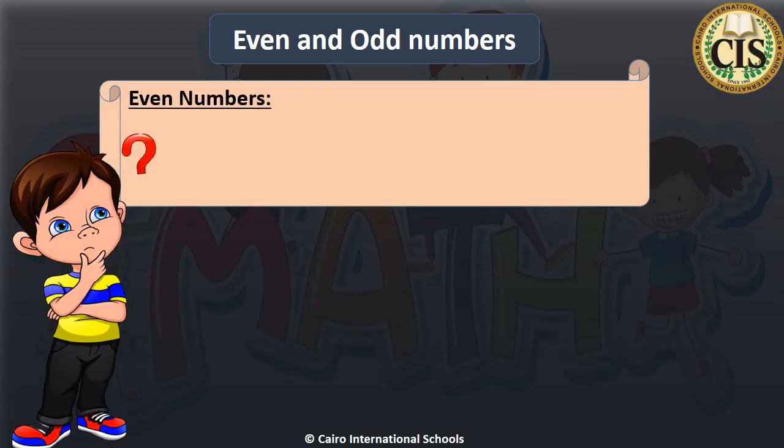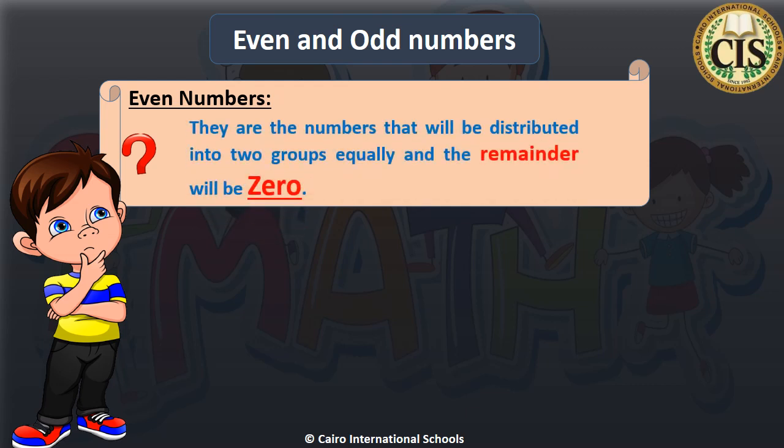So, what are the even numbers? They are the numbers that can be distributed into 2 groups equally, and the remainder will be 0. Like 4 cookies. Do you remember the 4 cookies? They were distributed among Adam and Malak with no remainder.